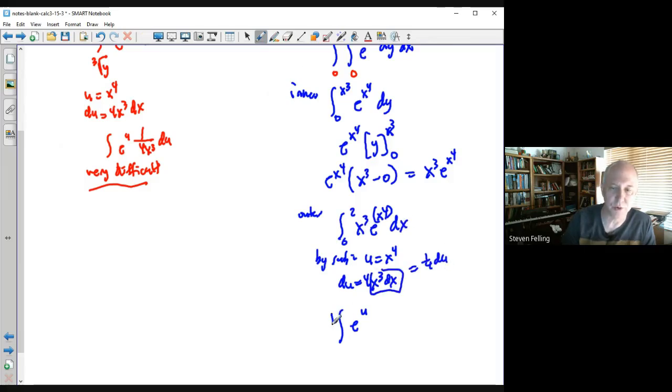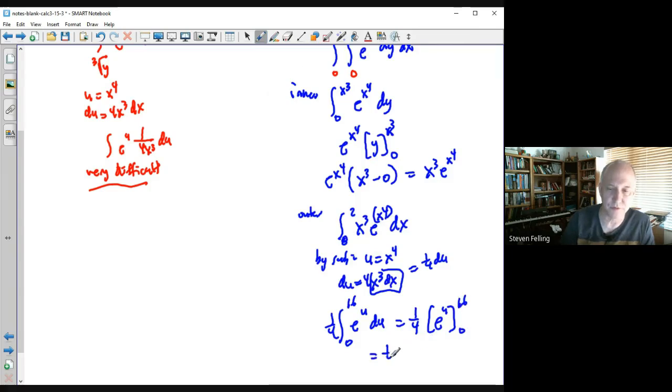So I can write 1/4 out here du. And then let's figure out what the new limits of integration are. If I was going from 0 before, x to the 0 would be still 0, right? And if I was going to 2, u will be 2 to the fourth. 2 times 2 is 4, 4 times 4 is 16. And so this is now a really straightforward integral. There's my constant. The antiderivative of e to the u is the copy. And then I'm plugging in 0 and 16 here.